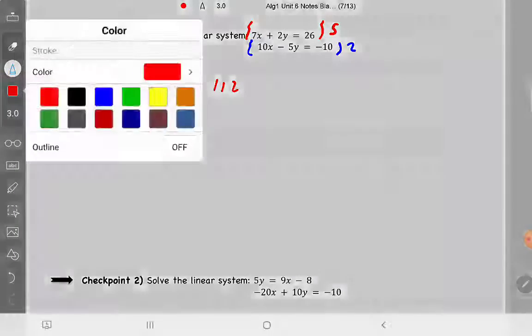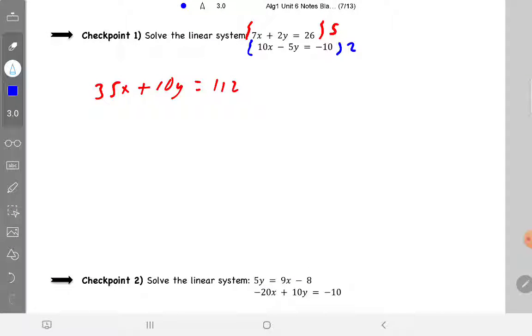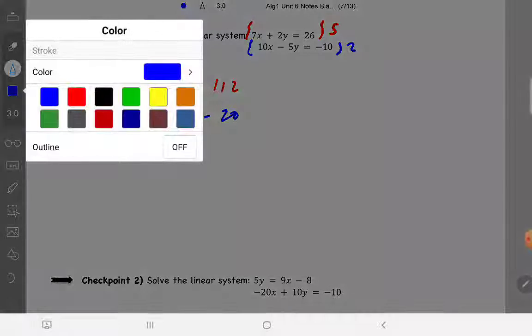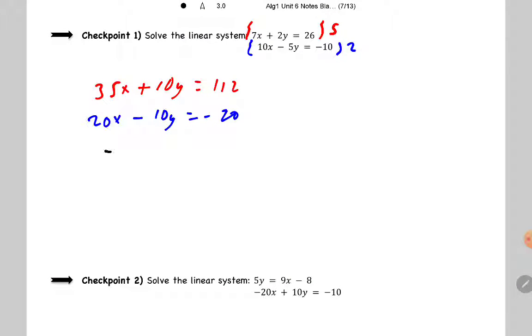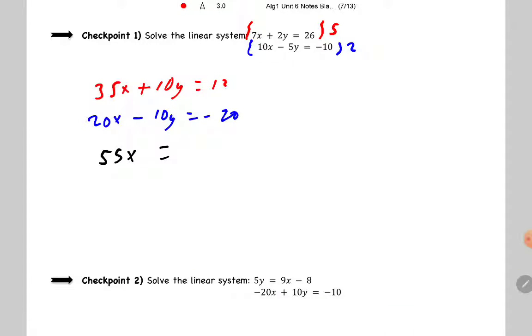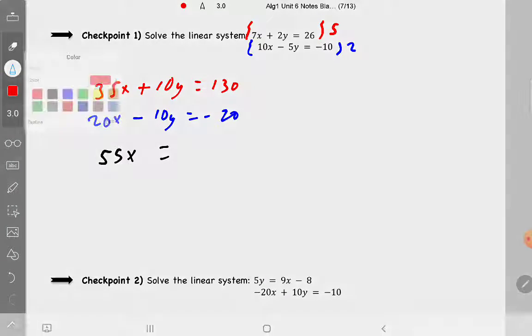Okay, and then the blue equation, we'll get 20x minus 10y equals negative 20. Okay, put these together, and we'll get 55x equals, oh wait, sorry, I messed up. 26 times 5 is 130. There we go.